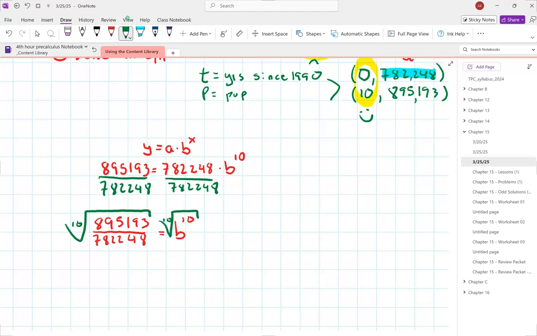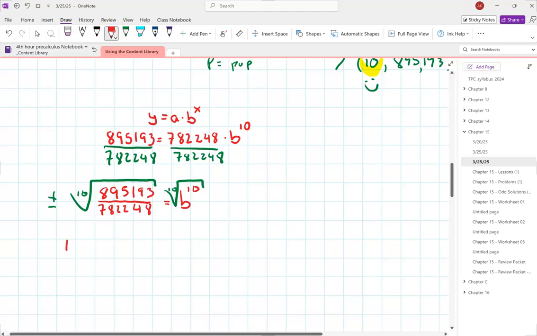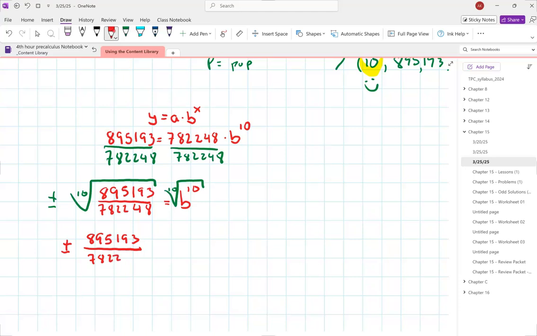So just do a 10th root to both sides. Now, because that's an even root, 10 is an even number, what also do we need? Plus or minus. So we still need a plus or minus. Now, I could type that into my calculator, but I'm not going to because I'm just going to leave it so that I have an exact answer later on.